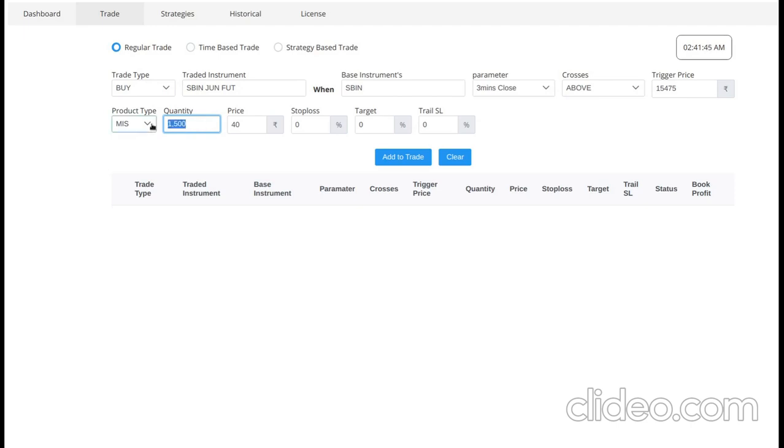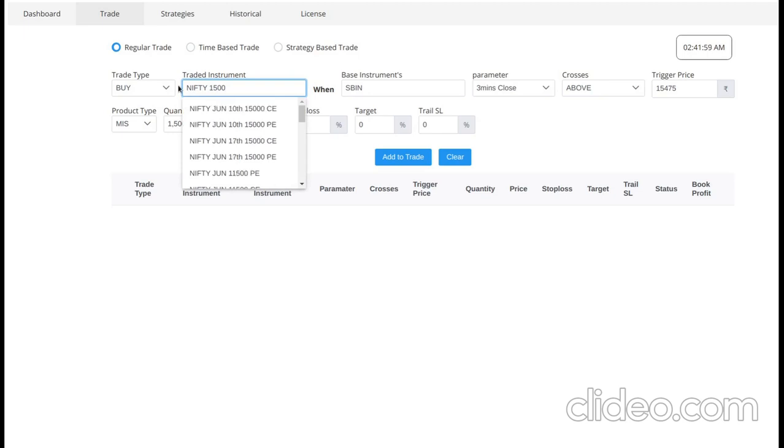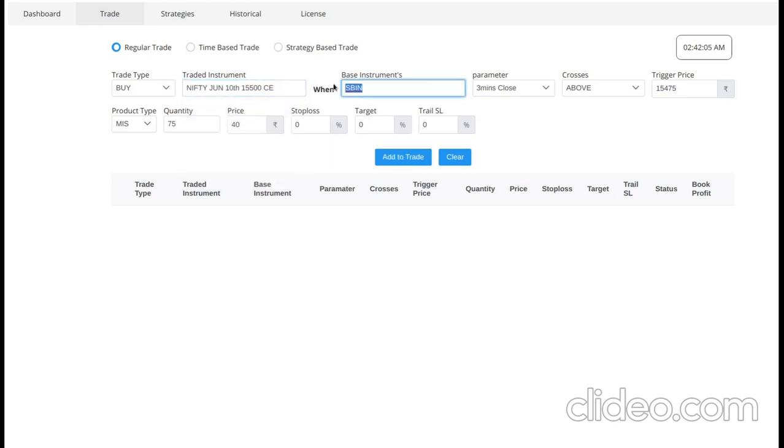So make sure that your quantity is a multiple of the lot size if you're dealing with FNO. And what I found is, if you specify Nifty and Bank Nifty options, the maximum quantity is 5,000 as per the exchange rules.